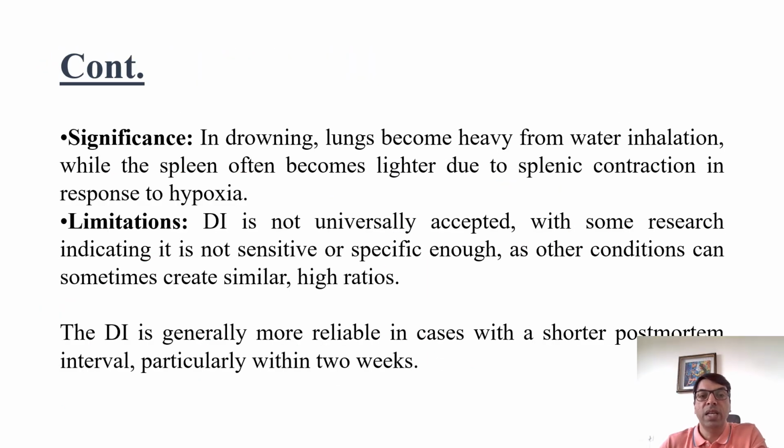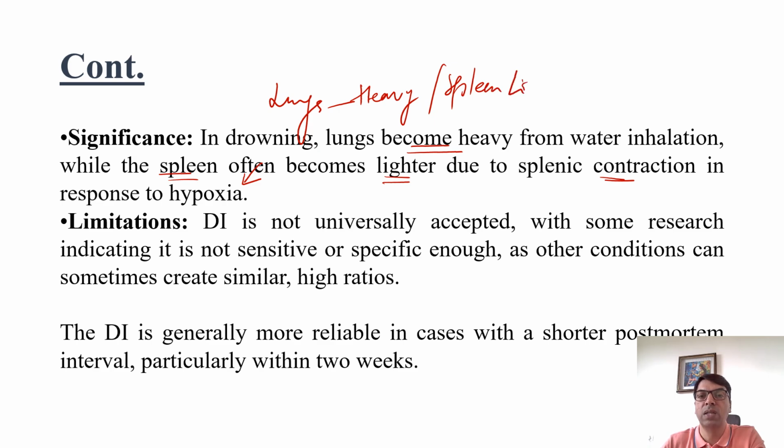The significance is in drowning cases, the lungs become heavy. We all know the lungs become heavy from water inhalation, and spleen often becomes lighter due to contraction because of hypoxia. The lungs become heavy, and spleen becomes light. So the value greater than 14.1 is suggestive of freshwater drowning.